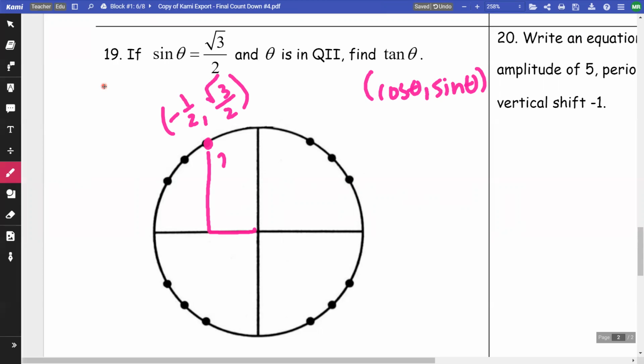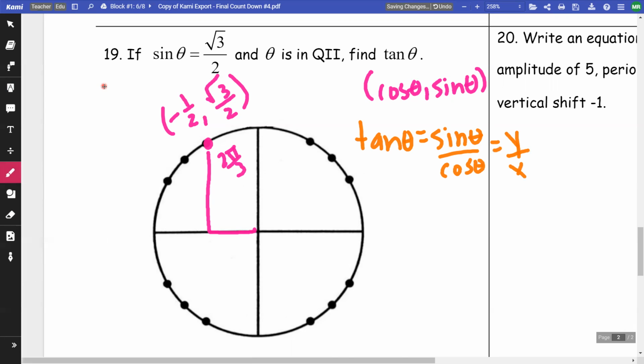Now, location-wise, I'm at 2 pi over 3, but I want the tangent from this angle. Tangent of an angle is equal to your sine over cosine, or your y over x.